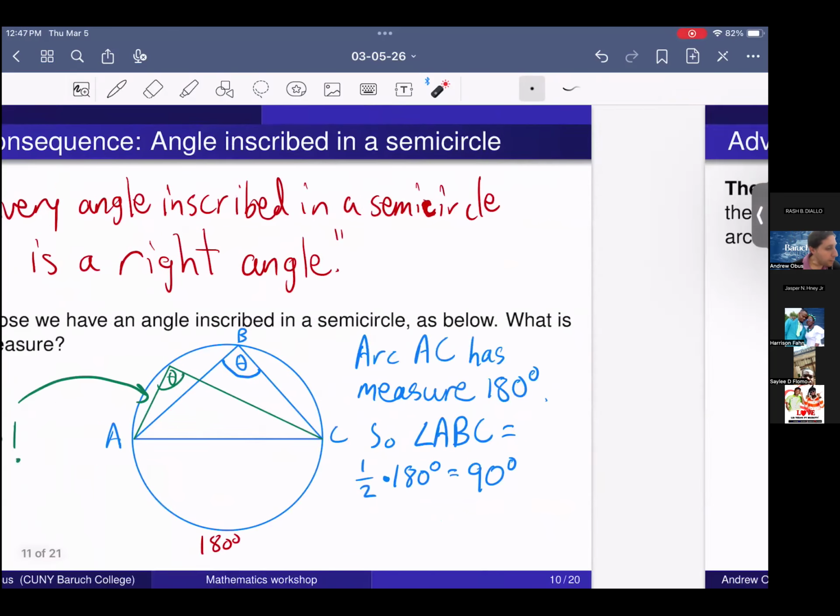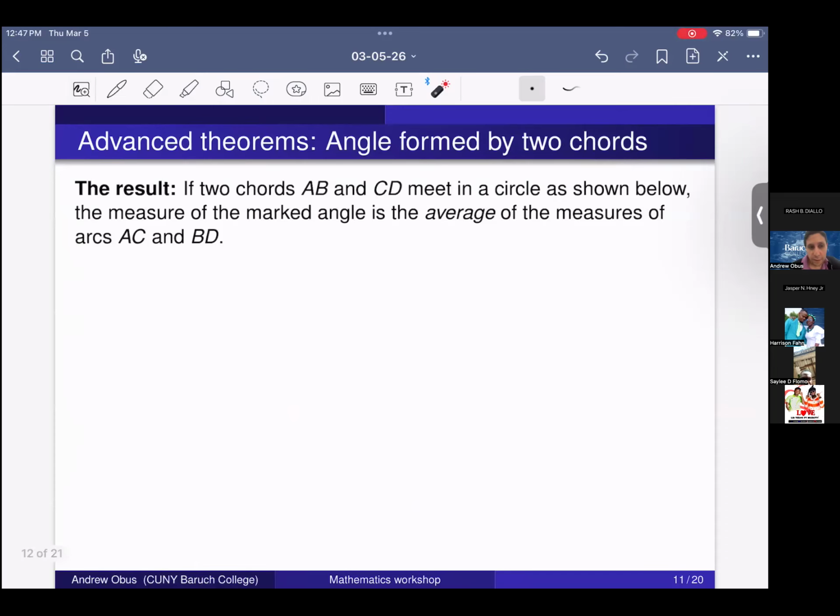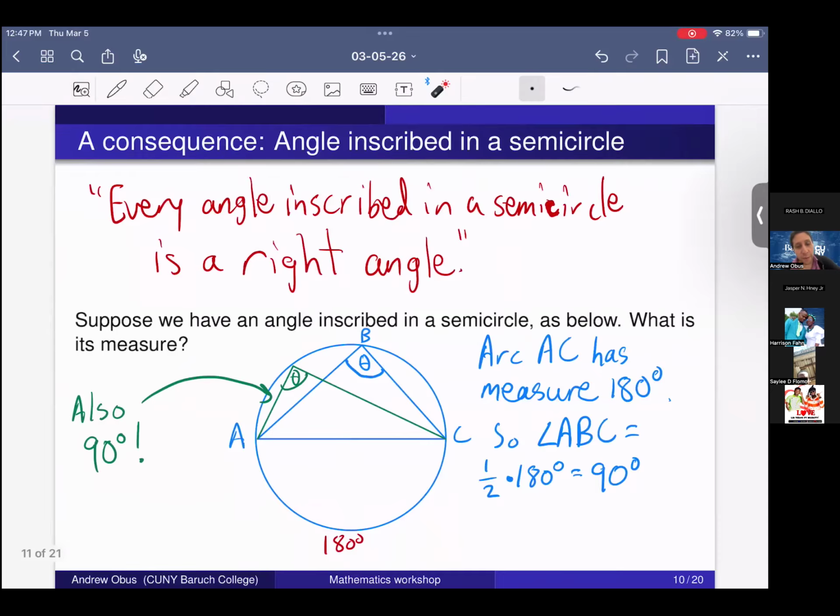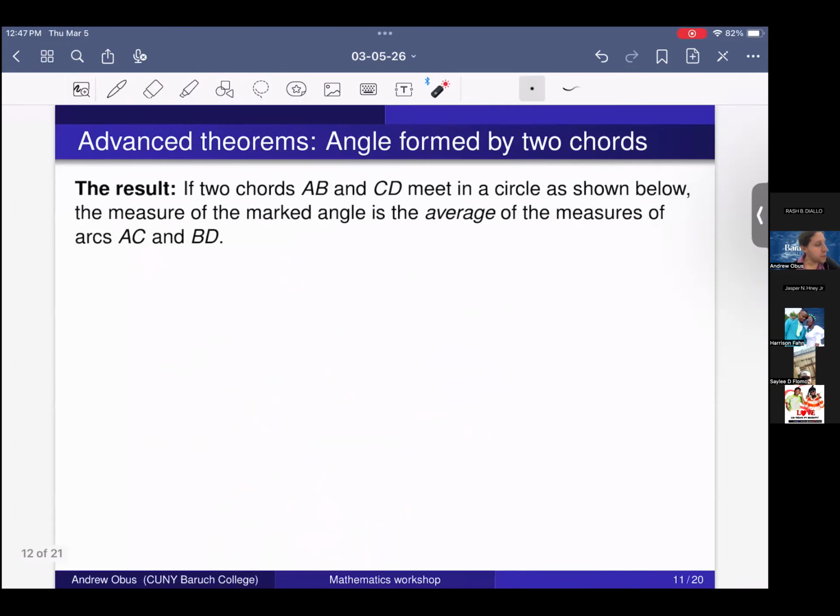Okay, moving on. So advanced theorems. Here's another angle theorem. I'm going to move on from inscribed angles. Here's an interesting theorem: an angle formed by two chords.